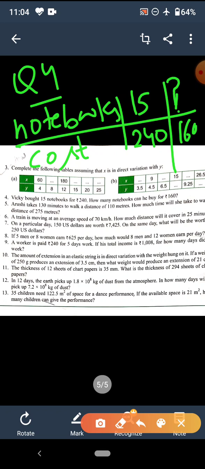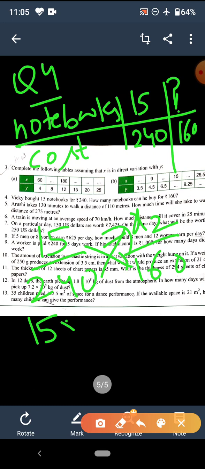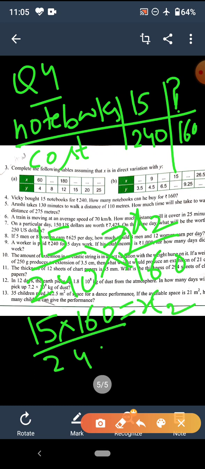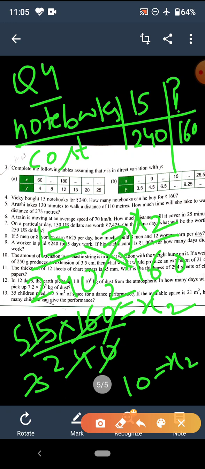You know that they are in direct variation: if you purchase more notebooks, the cost will be more. So now 15 upon 240 is equal to x2 upon 160. Do the cross multiplication. 15 into 160 is equal to x2 into 240, which is already there, cancel out. 8 threes are, 8 twos are, 3 fives are, so 10 means from 160 rupees you can purchase 10 notebooks. Okay, so you have to use direct variation here.